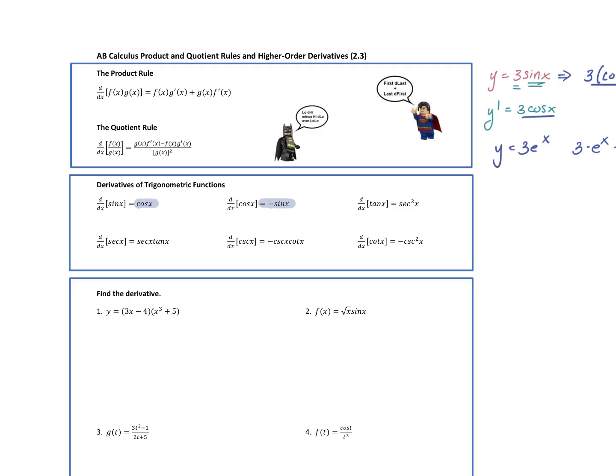Now we've got tangent, which is secant squared. Secant is secant tan, cosecant is minus cosecant cotan, and cotangent is minus cosecant squared. One way that students do remember, all the cos are negative. Cosine is negative, cosecant is negative, and cotangent is.